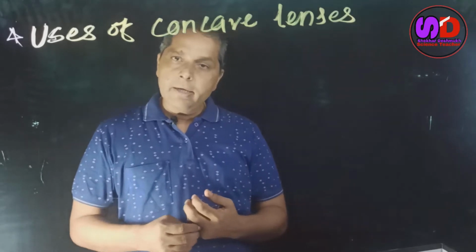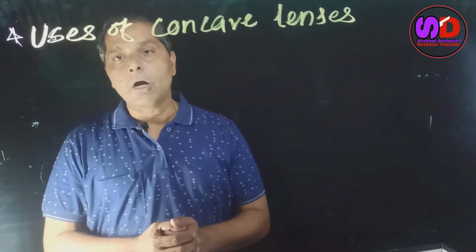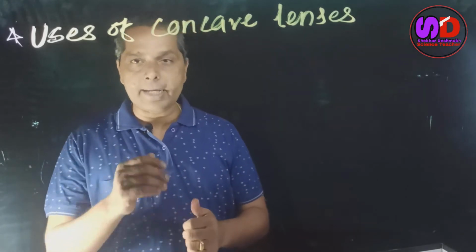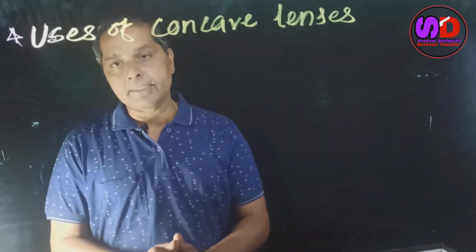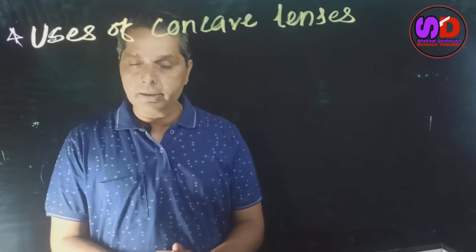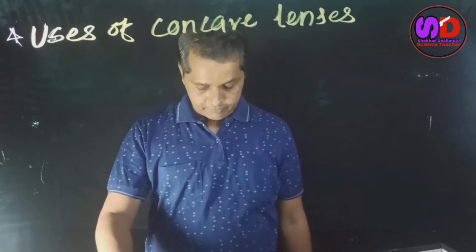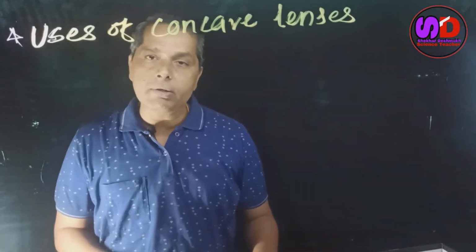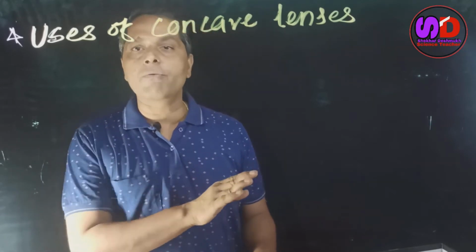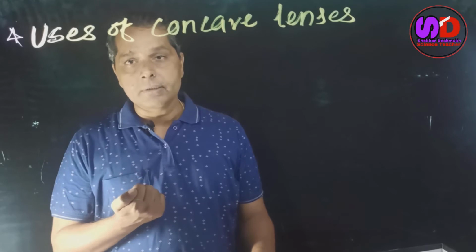Then in cameras, microscopes or telescopes, usually we use a convex lens there, but to get better quality of image, concave lenses are also used along with convex lenses in the eyepiece.